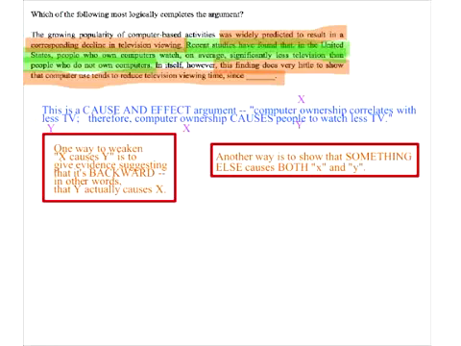The first way in which you can weaken this is to suggest that it's backward, which would be watching less TV causes people to go buy computers. This is not totally ridiculous, but this is not very reasonable.